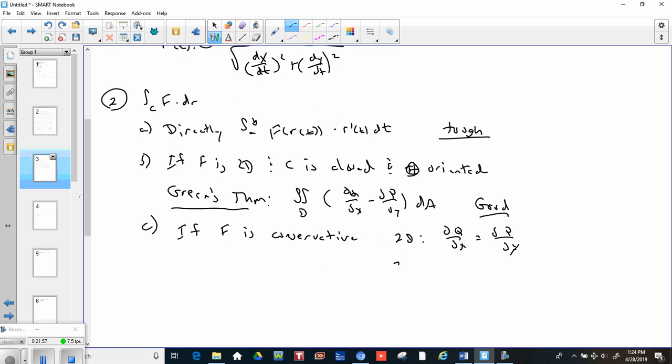In 3D, if the curl of F equals 0, then it's conservative. And if that's the case, then what we can say is that F equals the gradient of f.